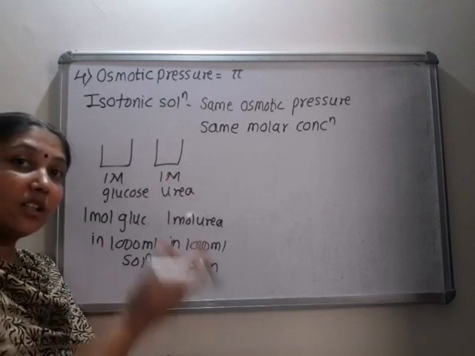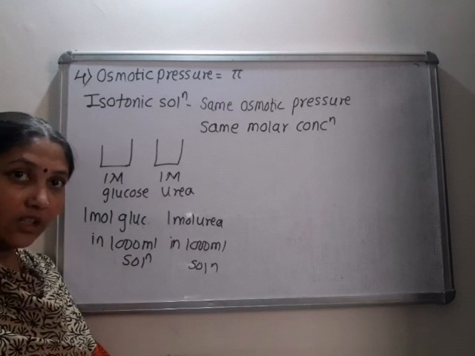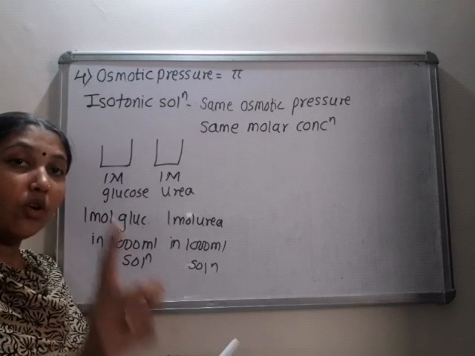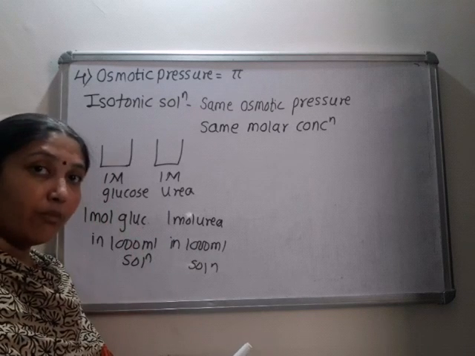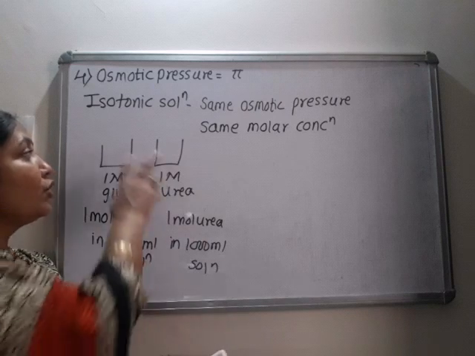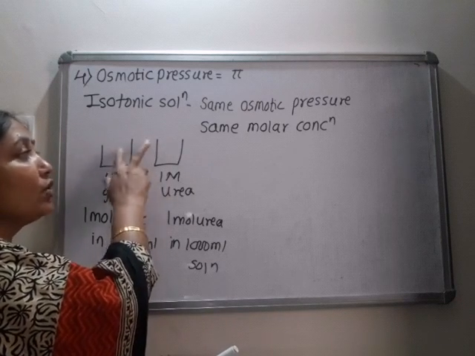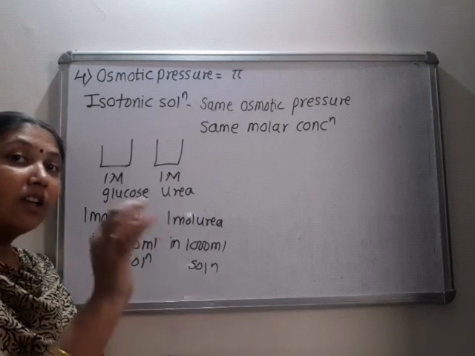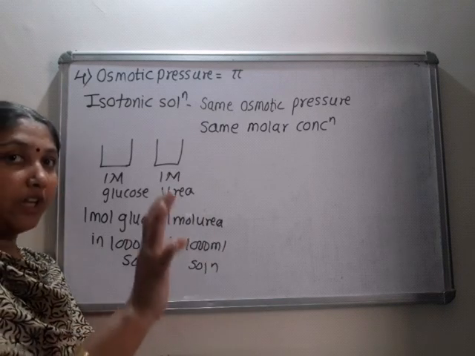The number of particles is the same. Means their osmotic pressure is the same, because colligative property depends upon the number of particles. So if the number of particles in two solutions is the same, they have the same osmotic pressure.